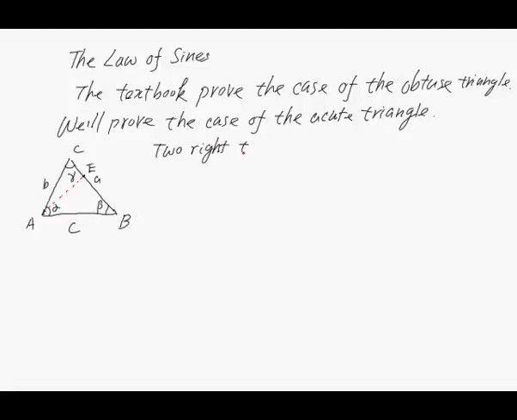And the first one is the triangle ACE. Now let me use H1 for the length of this altitude AE.